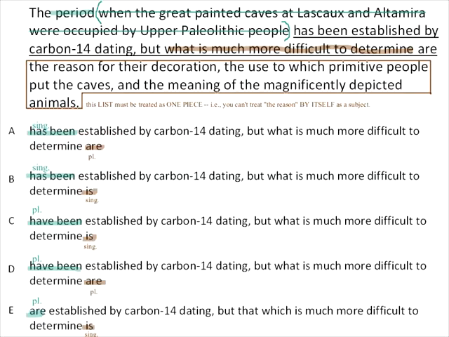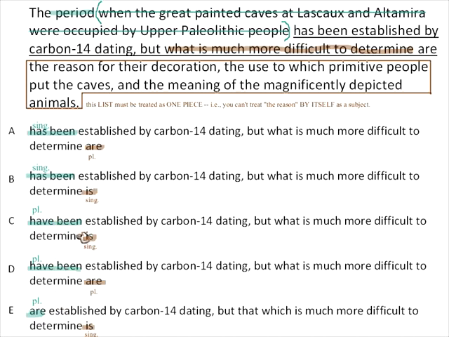Okay, when we're talking about eliminating, it's like this. This thing that we crossed off here is a subordinate clause. Great Painted Caves, for example, is not a subject because it's trapped in a subordinate clause. It is the subject of this other verb, which is trapped inside this clause, but it is not the subject of this main sentence.